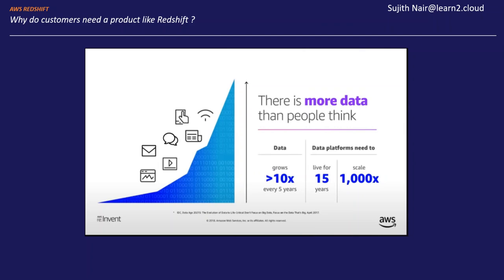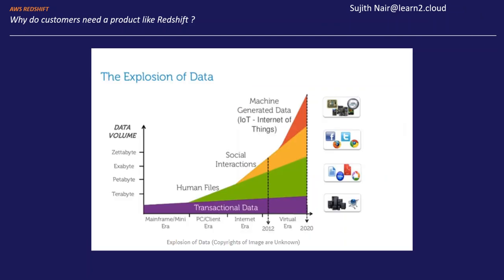Now, when you look at this slide, one would think, okay, data is growing 10 times every 5 years, but what is this data that is growing so rapidly? Looking at this slide, we can try and understand what kind of data is growing rapidly.